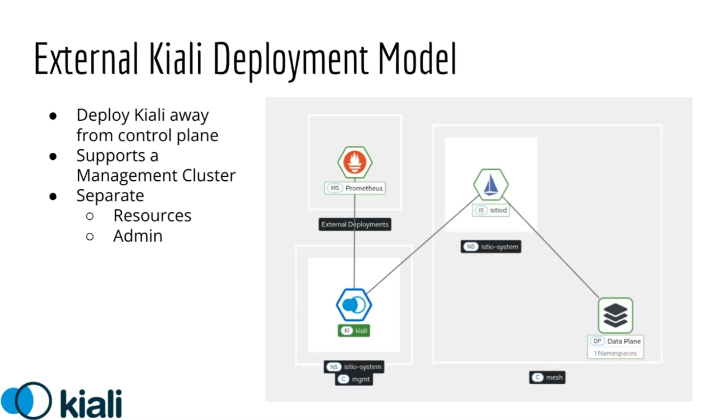And so you're not going to have the control plane or the apps losing CPU and memory and so forth to the management stuff. The way that that's done is fairly simple.